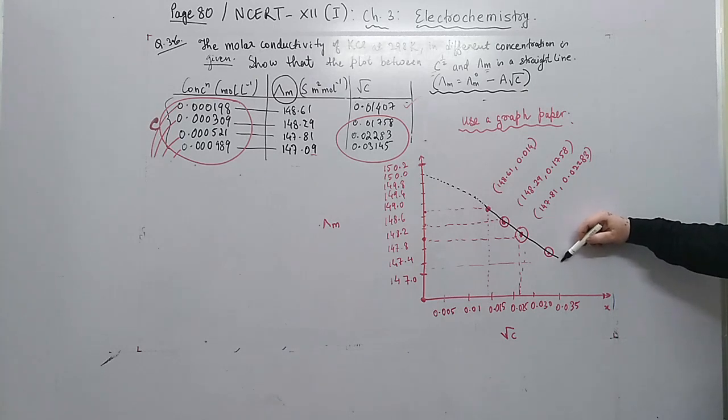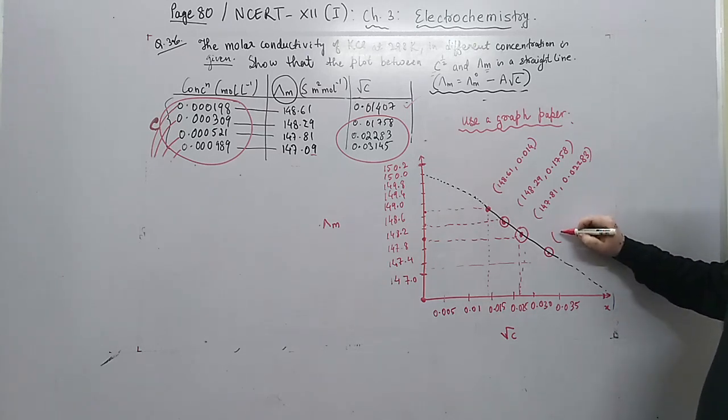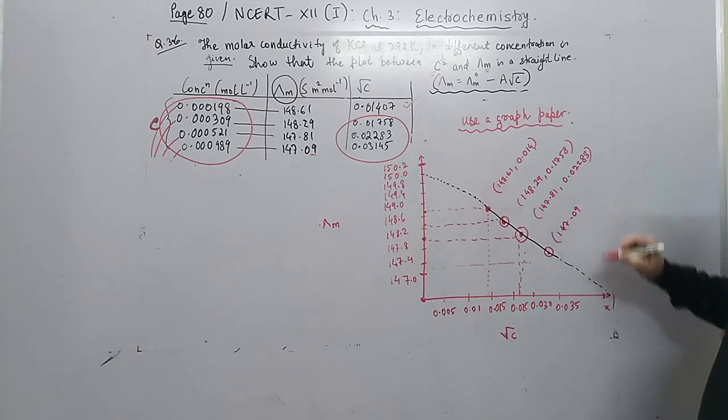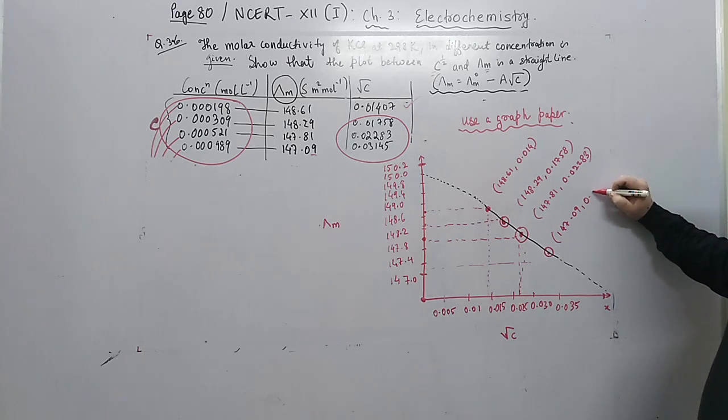And this will touch somewhere here. Now in your graph paper, whatever value you will get, if you find out the difference, say this is 147.09 versus 0.03145.